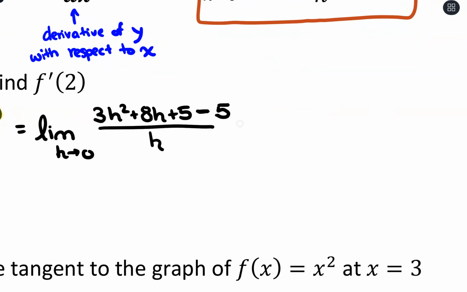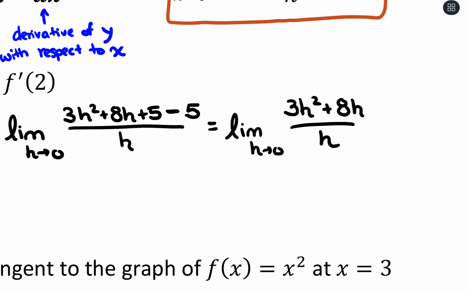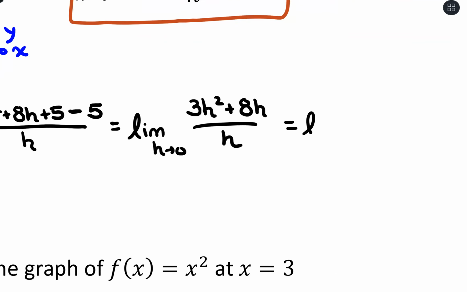And now I can focus on just simplifying. I still can't plug in h equals 0 because of that h in the denominator. So I'm going to keep simplifying, which will leave us with 3h squared plus 8h divided by h. And then I'm evaluating the limit as h approaches 0, and an h is going to cancel with each of the terms, so we'll have 3h plus 8.